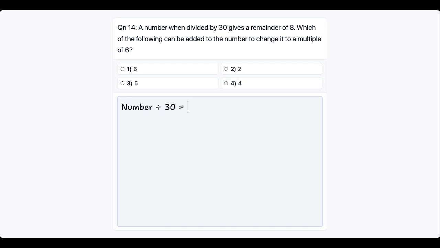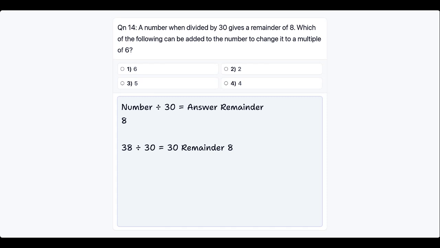It gives an answer with remainder 8. So the number can be as simple as 38 divided by 30 is equal to 1 remainder 8. As simple as it can get.